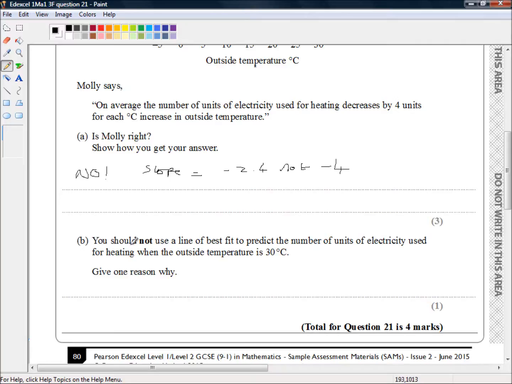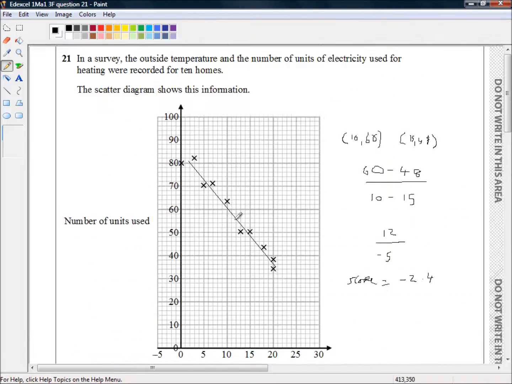Part B says you should not use a line of best fit to predict the number of units of electricity used for heating when the outside temperature is 30 degrees C. Give one reason why. Okay, well if we carry on using this line of best fit and we extend that line down to 30, we'll see that people are using a lot less electricity when the outside temperature is at 30.